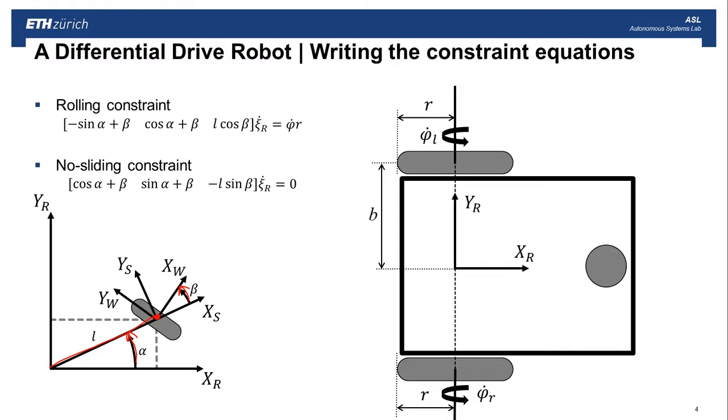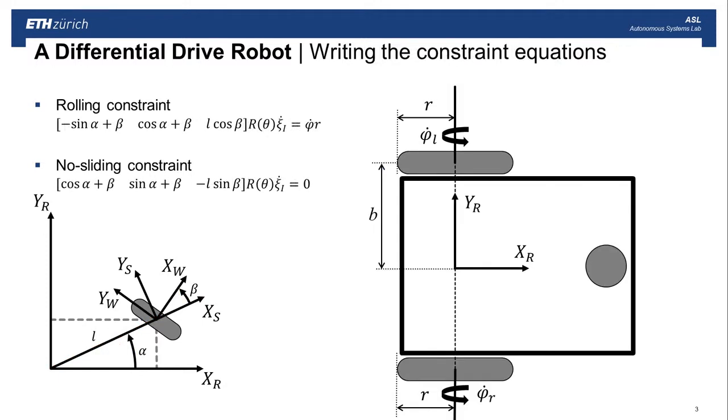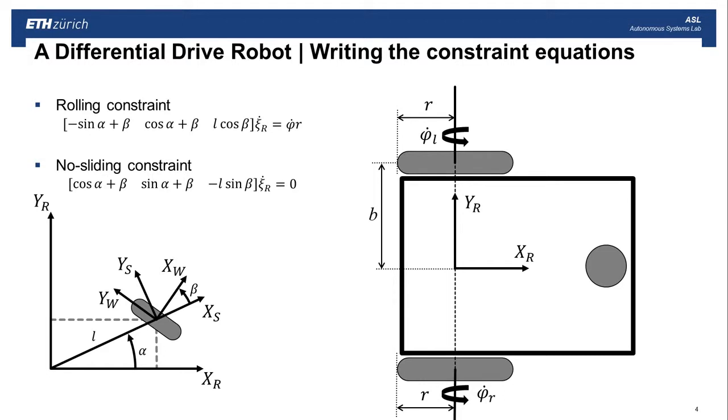And actually, I'm going to simplify these equations by taking this r theta xi dot I and just say that that now will be the velocity of the robot expressed in the robot coordinate frame, just to make it easier.